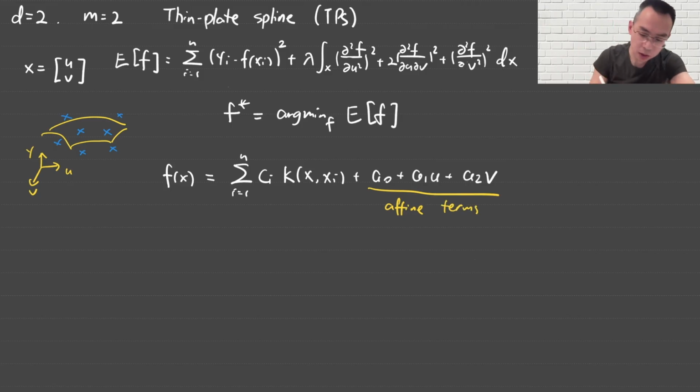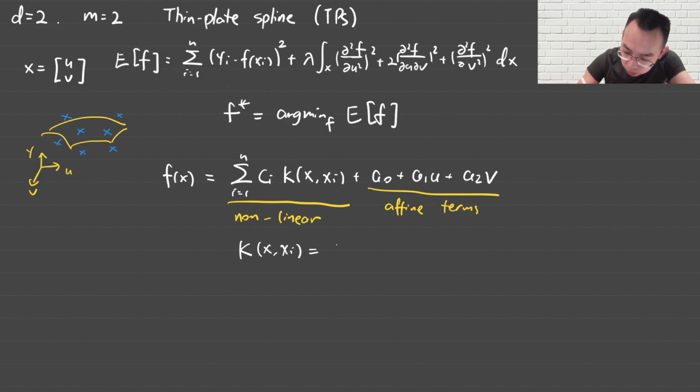But the first part is where the nonlinearity lives. That's the sum of kernel functions that we really care about. This is the nonlinear part, and the kernel function for this problem is going to look like this: equals r_i squared log of r_i, where r_i is the distance between x and each data point x_i.